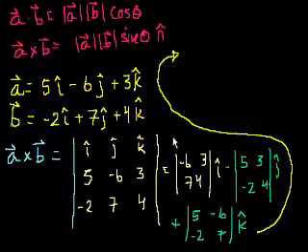So these 2 by 2 determinants are pretty easy. This is minus 6 times 4 minus 7 times 3.